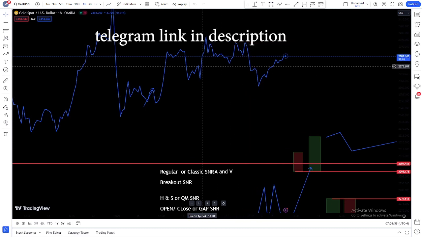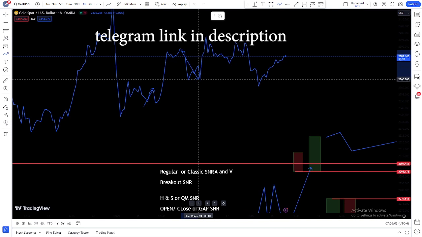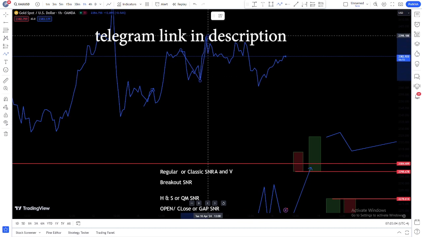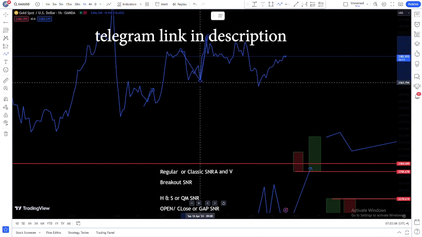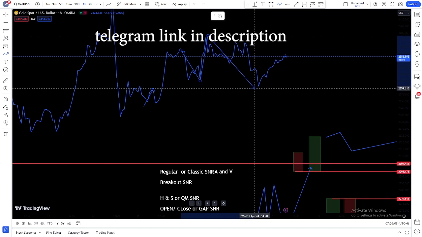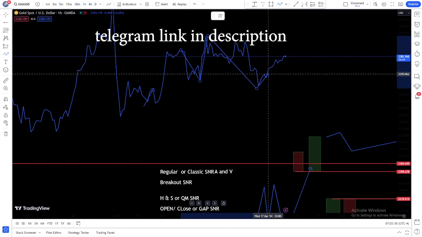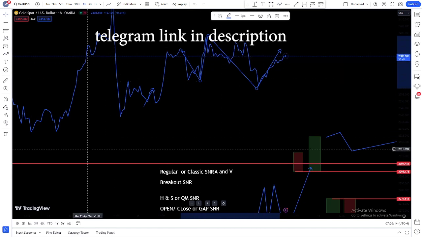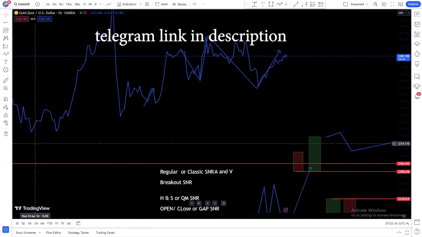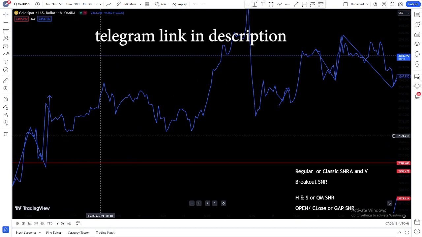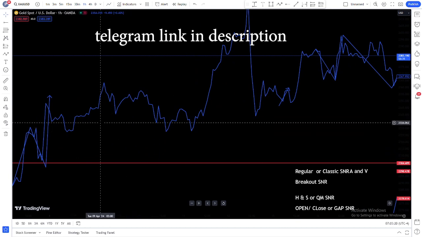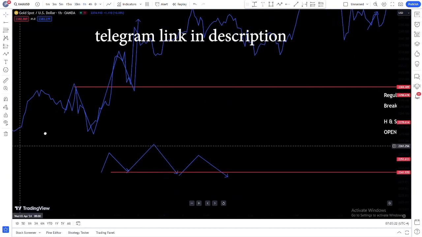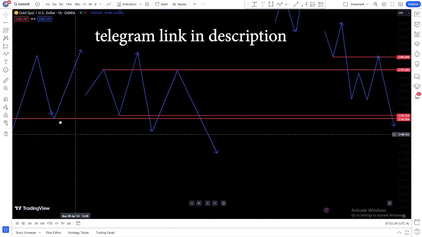As I said, the market creates a high, and this is the high, this is a low, and it breaks out this high, and then eventually comes back to this low, and now it is coming back again to this level. So we are calling it a QM pattern also. You will see a lot of QM patterns in the chart. A lot of times you will see a lot of QM patterns. Trust me.